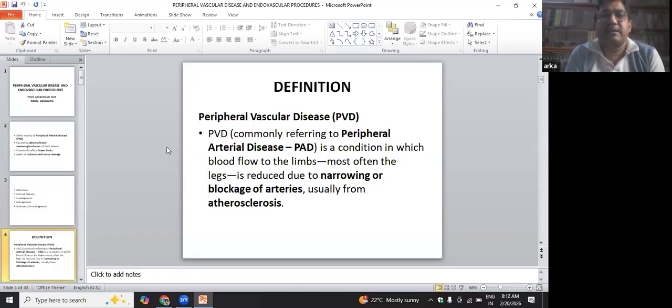What is the definition? It is a condition in which blood flow to the limb, most often the legs, is reduced due to narrowing or blockage of arteries, usually due to atherosclerosis. This is the definition of peripheral vascular disease.